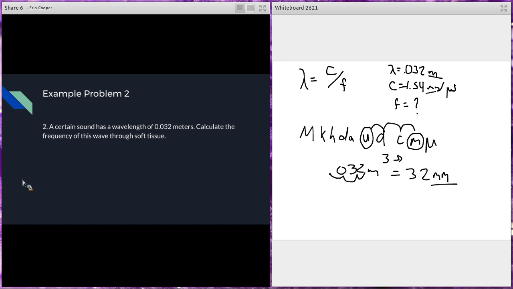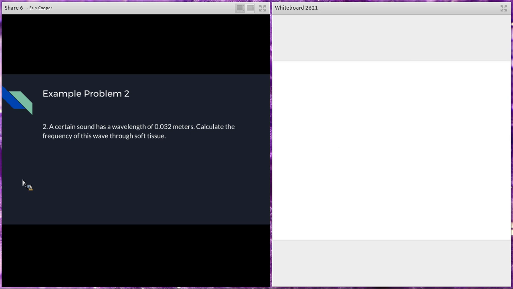There we go. Now do the units line up? Yes. Now we can plug and check. Now we can put our numbers into this equation and make it work. So let me write this out again. Remember our equation. And wavelength was 32 millimeters.